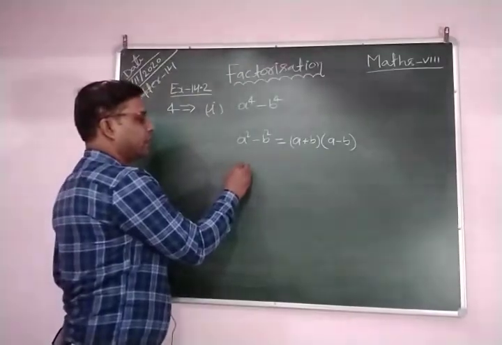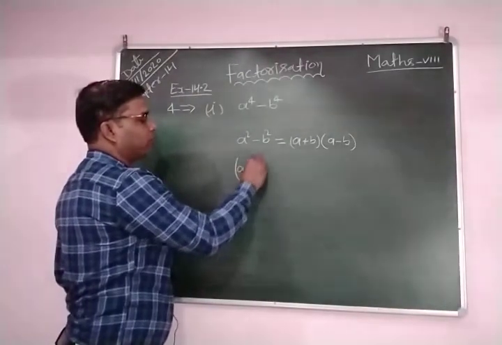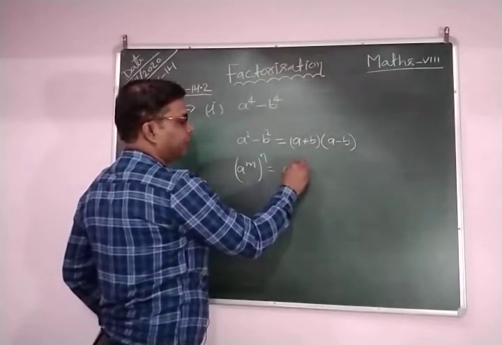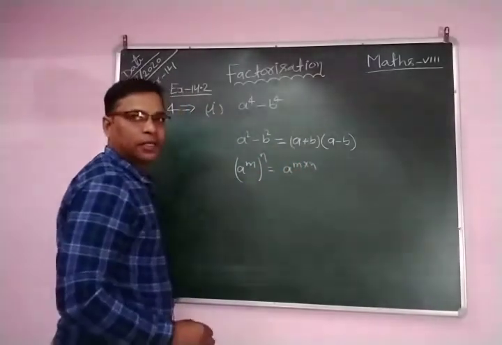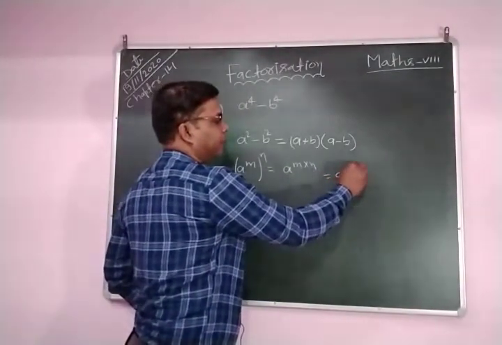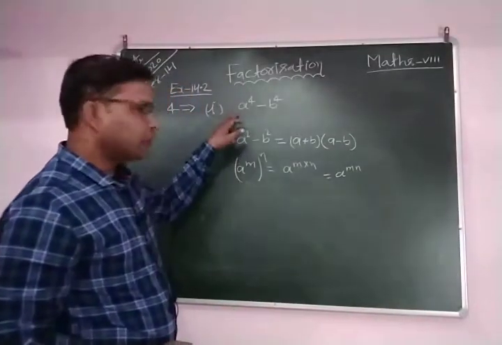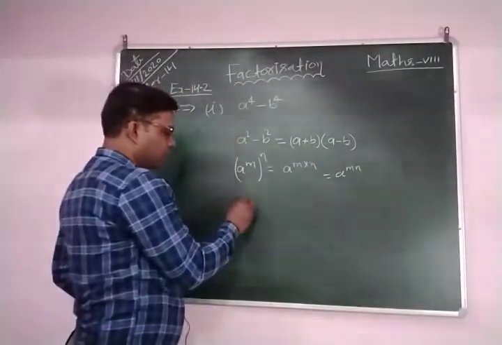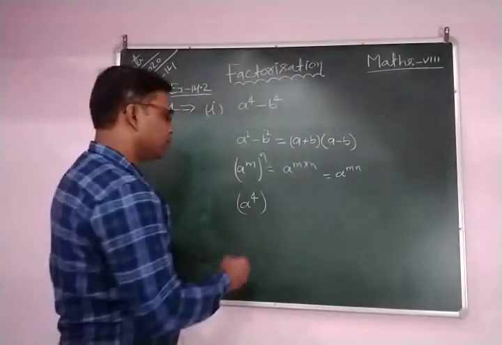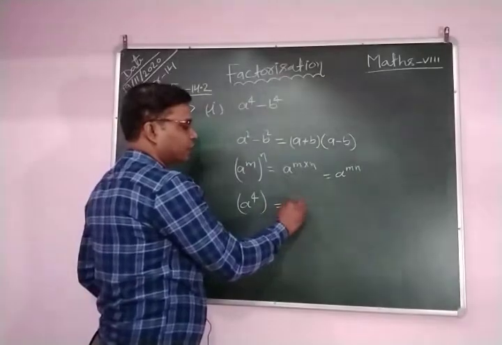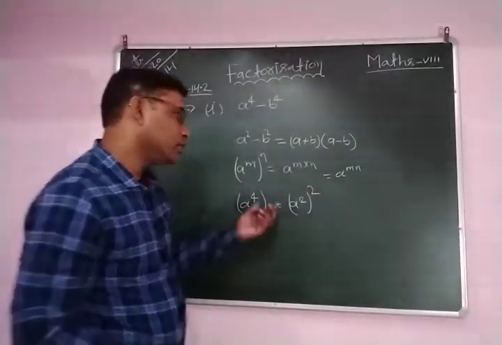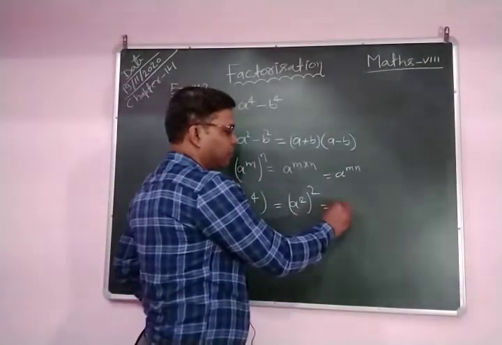If you have a to the power m, whole power n, then you can write a to the power m into n, or a to the power mn. This is clear? So here you have a to the power 4. A to the power 4 means a square whole power 2, or a to the power 2 into 2.